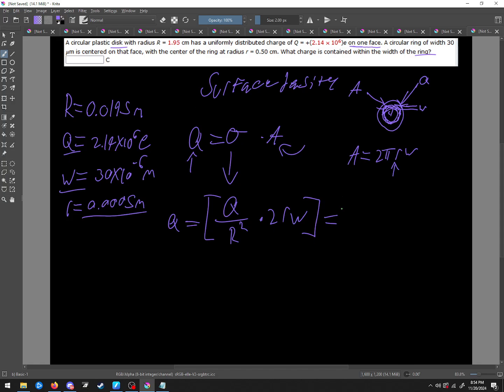This is going to be 0.0195. So it's going to be 2, the whole q up top right there, times e, and then it's going to be r squared on the bottom, and then that's going to be times 2 times 0.0005 times w, which is 30 times 10 to the negative 6.